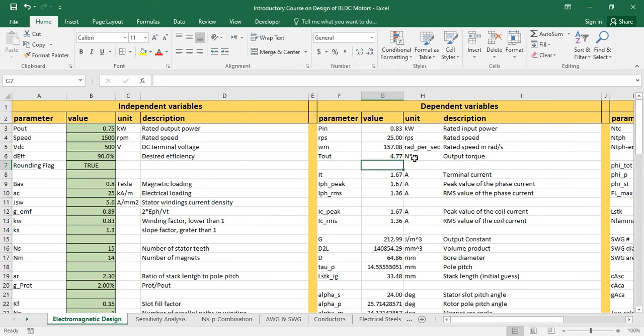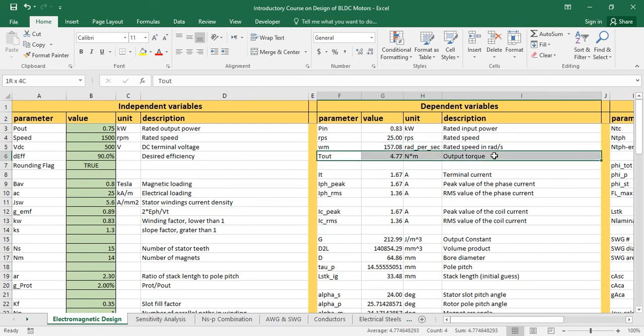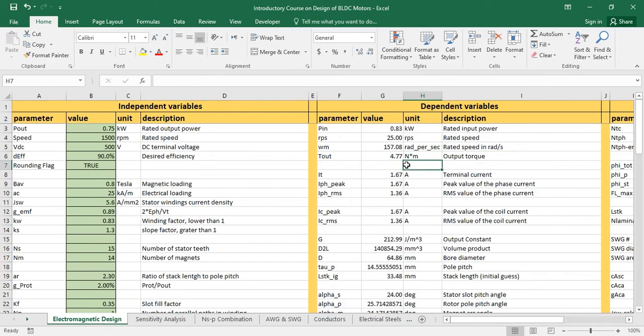Okay, rated operating points. We design the motor, and then we do finite element calculations to check if the motor can deliver this torque or not. Okay, so this is one of our objectives.